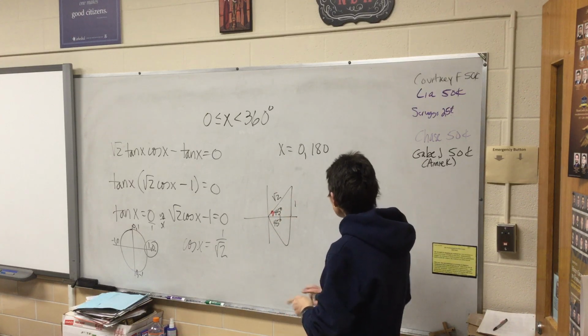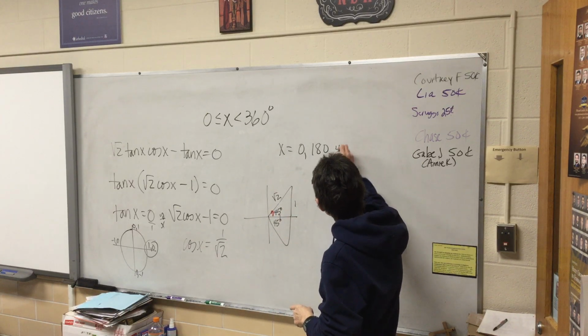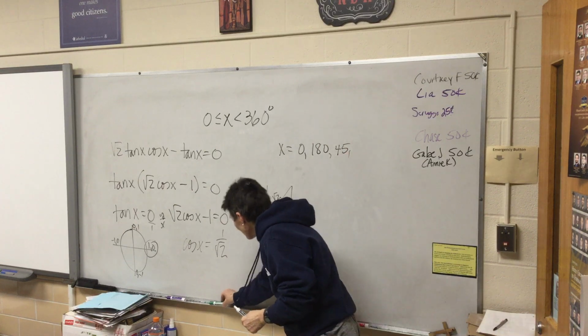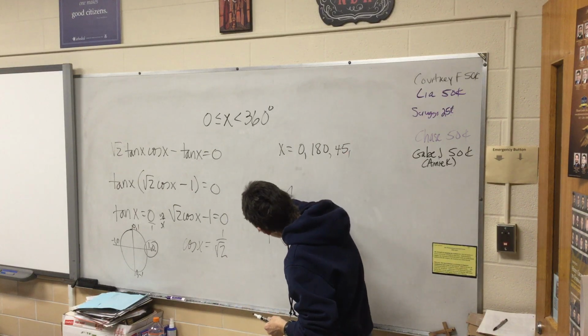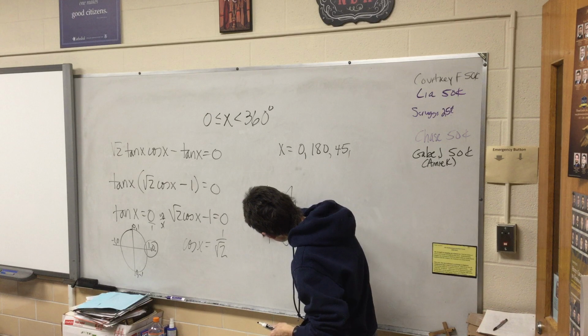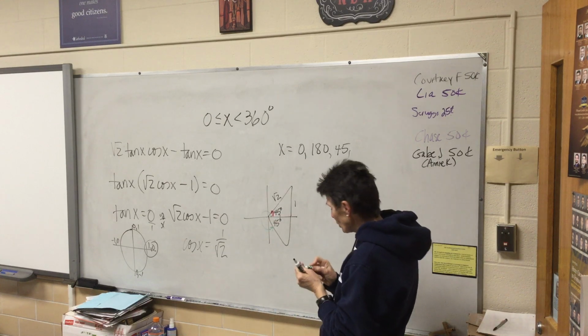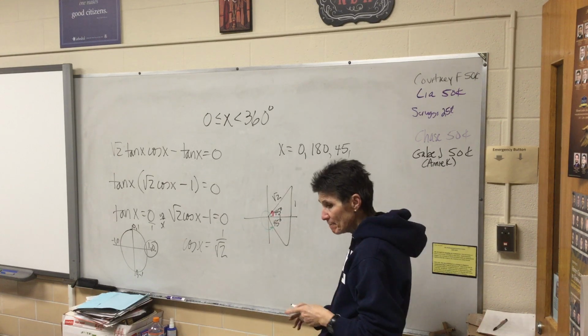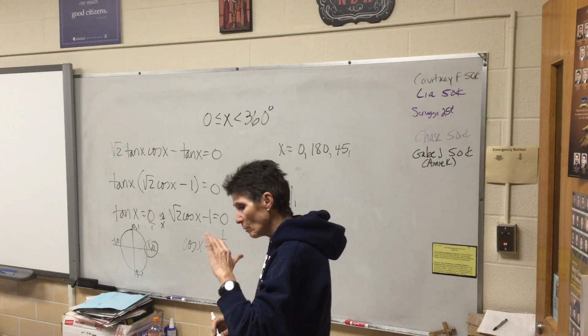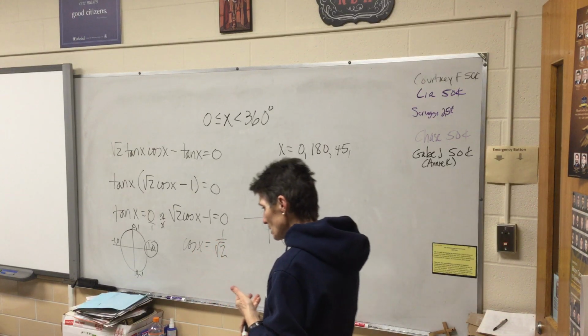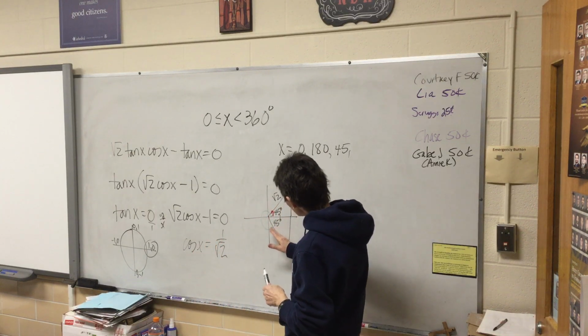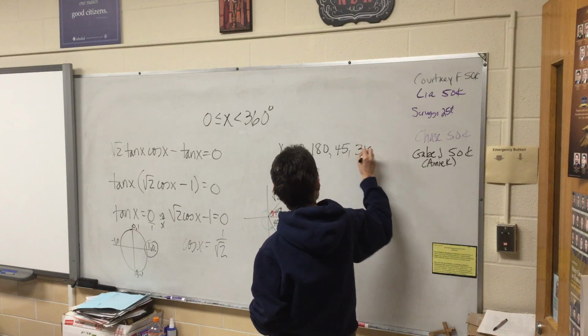That's one of them for sure. But then you got to get the one that's all the way around to here. What angle would that green one be? We went all the way around and stopped here. 315, that's exactly right.